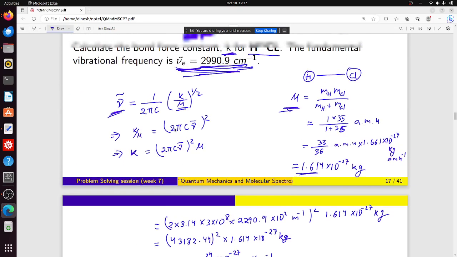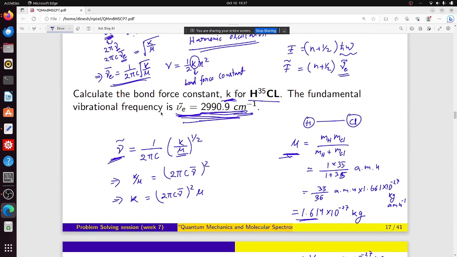Okay, so what was given in the question? The fundamental frequency was given. So from this form you can easily identify this is the wave number. Okay, and the molecule is given, HCl, right?